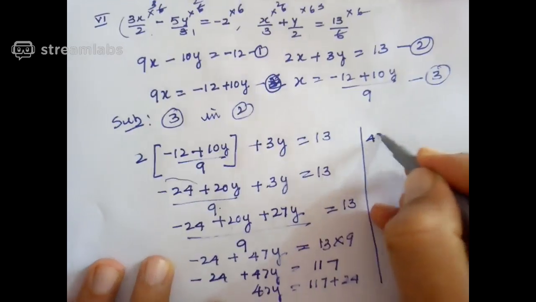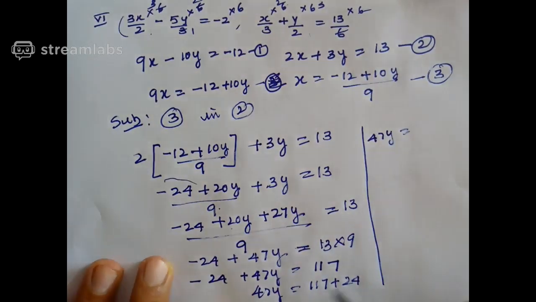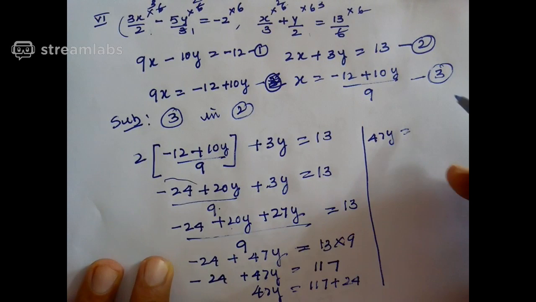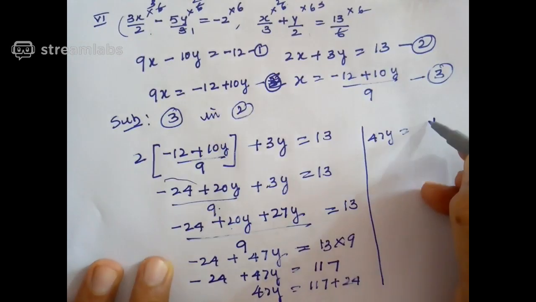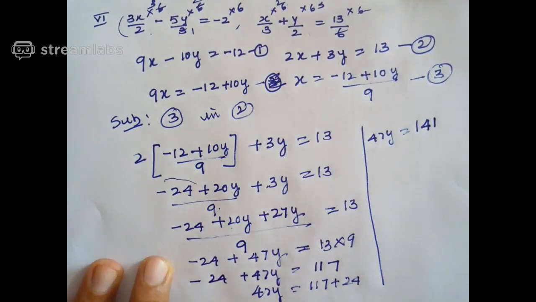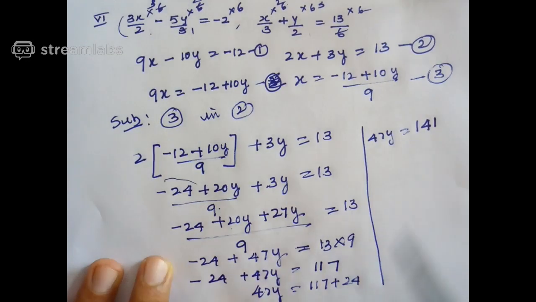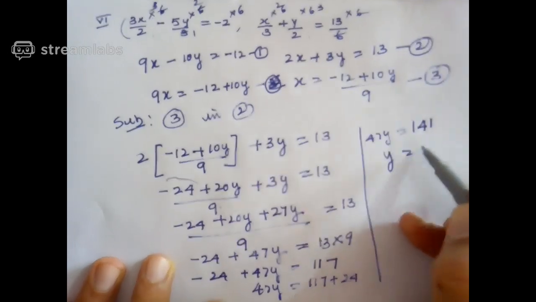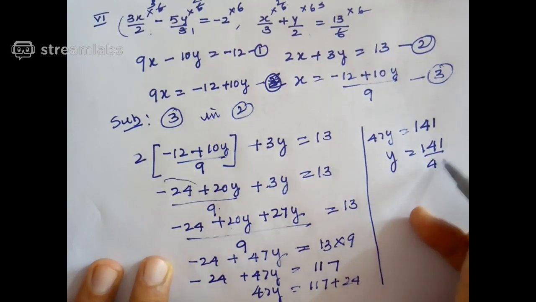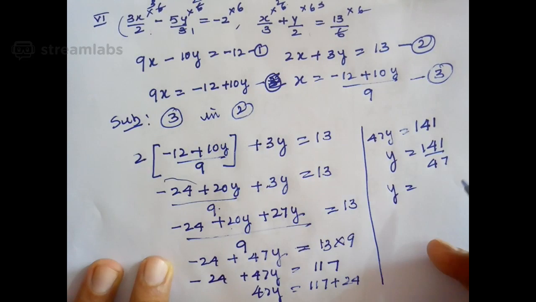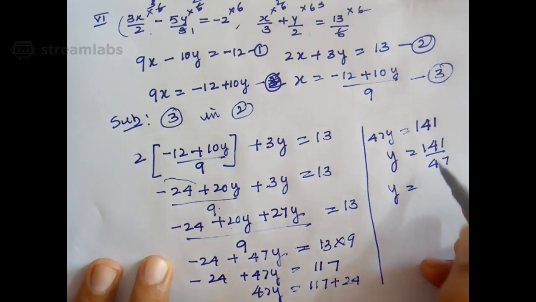It is 141, isn't it? 117 plus 24, 7 plus 4, 11, then 2 plus 1, 3, 1, 4. Then y is equal to 141 by 47. So y is equal to how much? 47, how many times goes in 141? It is 3 times.